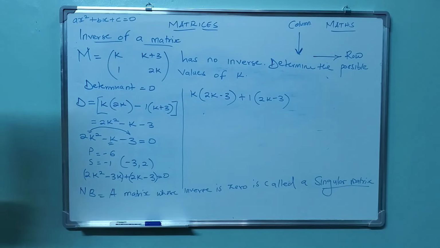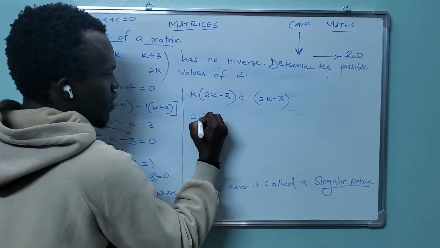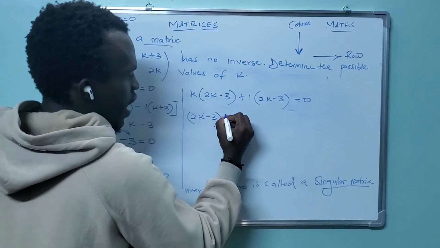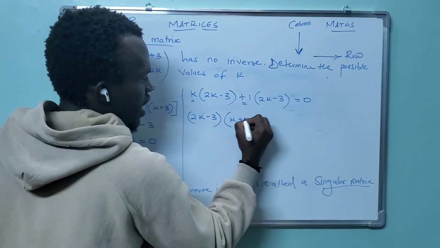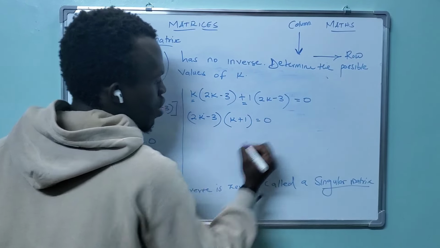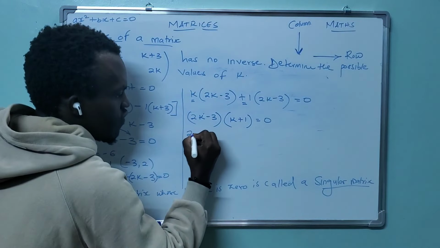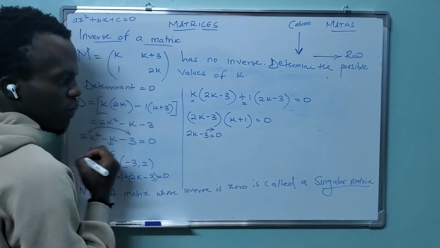Let me get the value of k. I'm going to take one of the common expressions there, which means I'm going to have here 2k -3. Remember, this was equated to 0. And then I'm going to take that and combine it so that I can have k plus 1, which is equal to 0. I can get the value of k, which means I'll start with the first one, which is 2k -3 equals 0. I'll take 3 to the other side, it will be a positive.